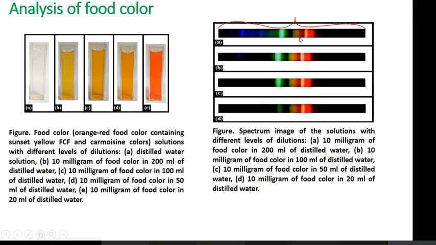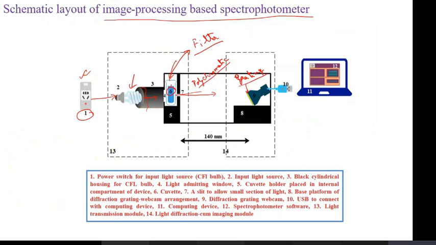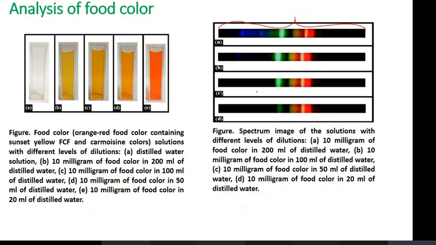Now, for your typical source, if you do not include this filter, this light will be incident onto the grating, and then the image will be formed. So for your source, you'll be getting an image like this. Now, once you have got the image like this, you can compare the spectrum of the source with the standard pattern which you get.